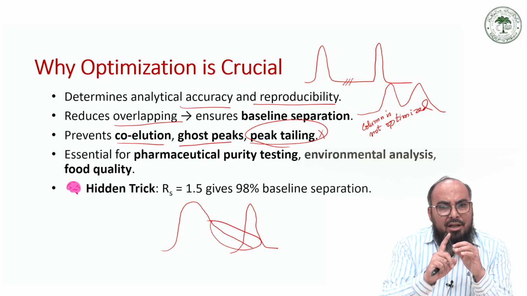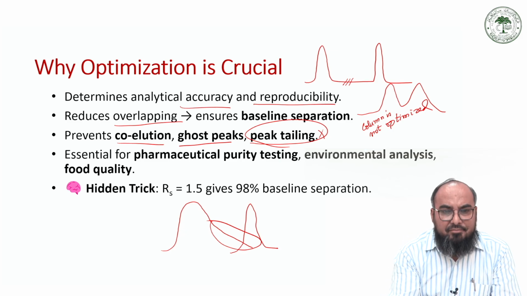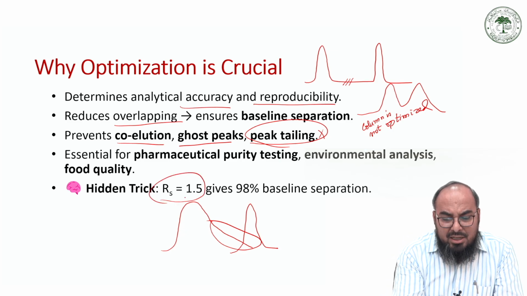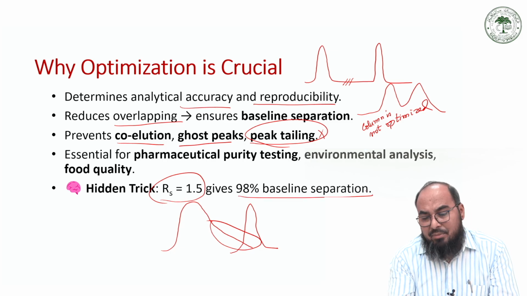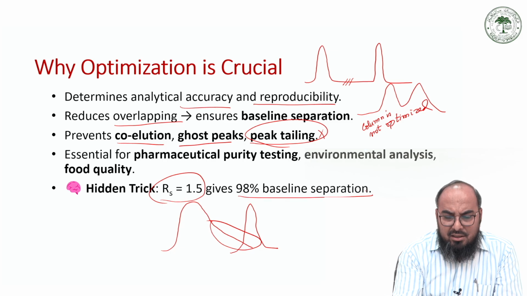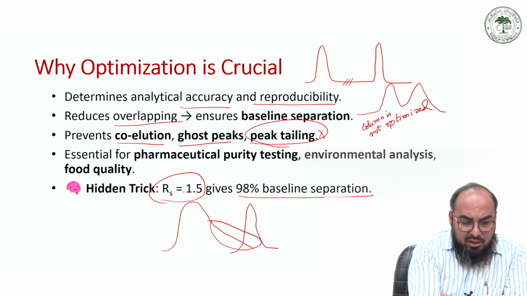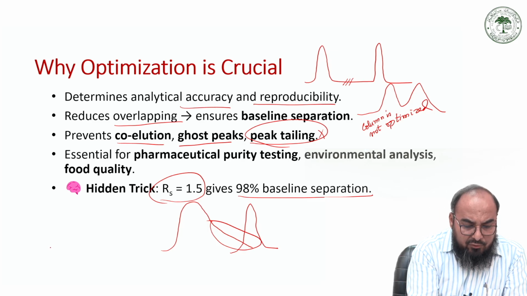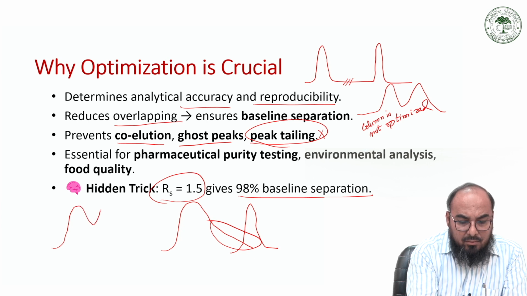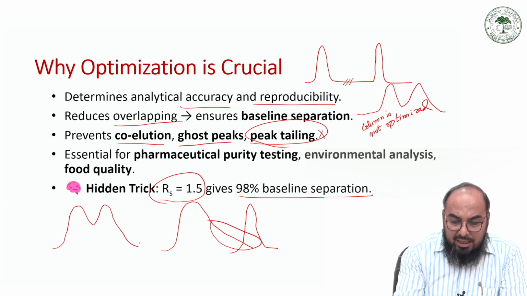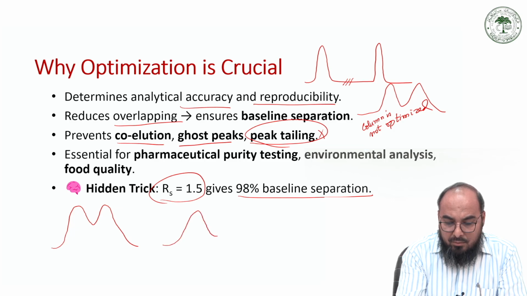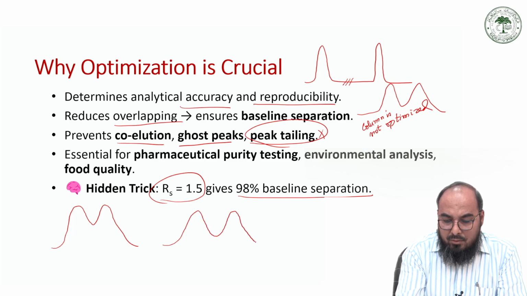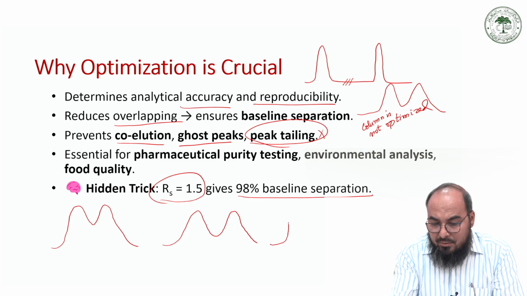We already know that the resolution Rs must be 1.5 with regard to baseline separation. Let us consider a case to understand more about this. For example, if we have a chromatogram like this, and a chromatogram like this.